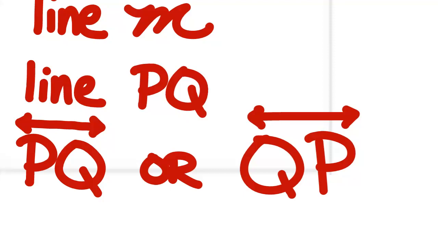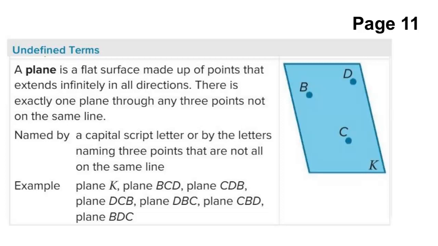One more type of object that we're going to talk about. When we looked at those 3 vocabulary words in the paragraph on the previous slide, we had point, line, and plane. Let's talk about how we name a plane. A plane is a flat surface made up of points that extend infinitely in all directions.